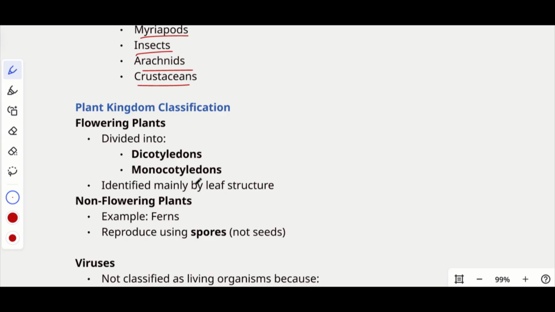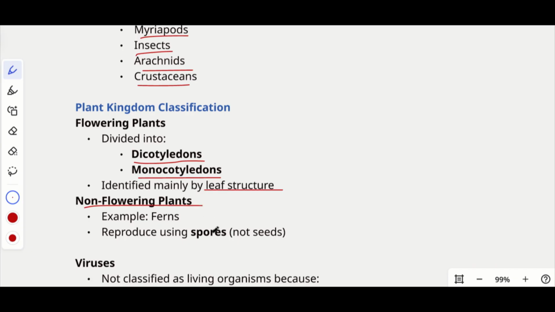Plants that produce flowers. These are split into two categories, dicotyledons and monocotyledons. They are mainly identified by the structure of their leaves.